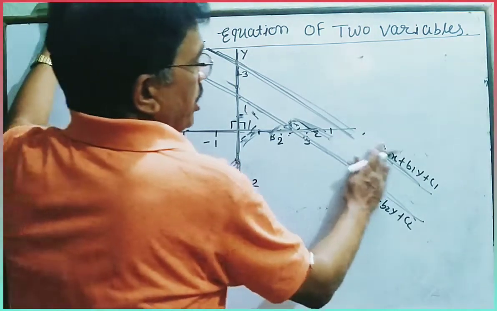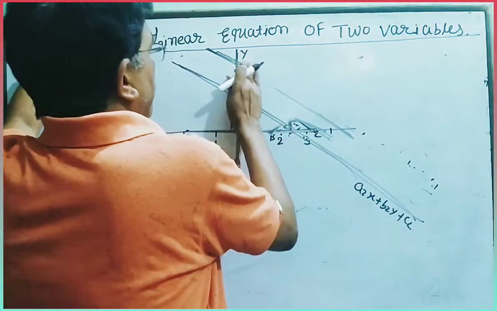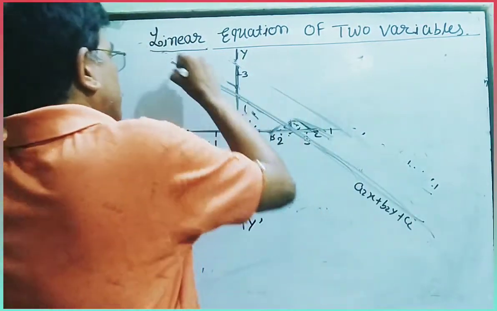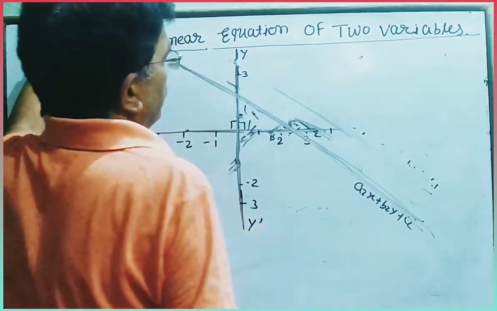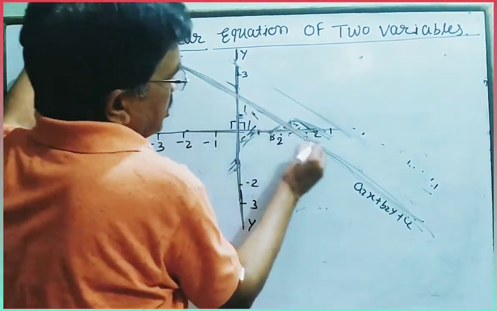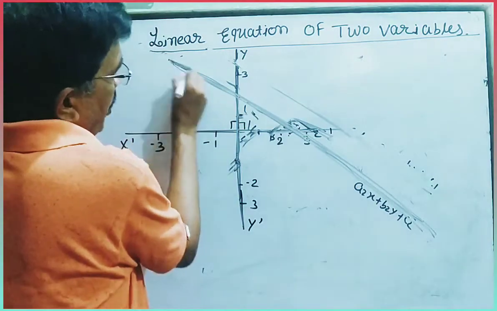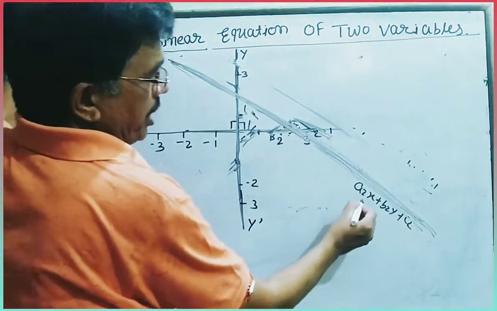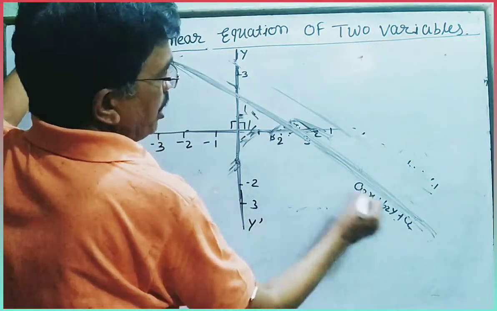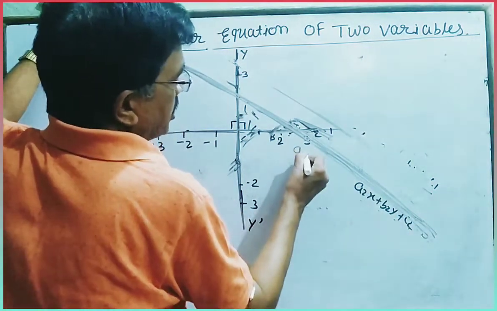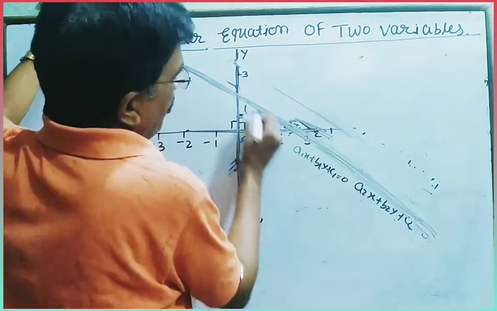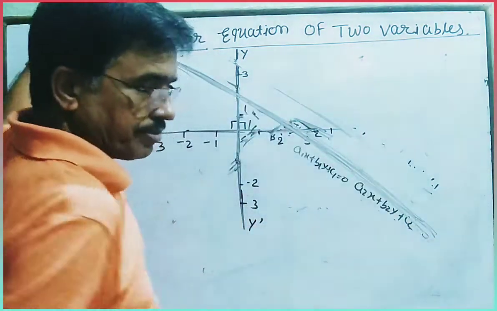There is a third type of graph you solve in this chapter. One graph is here, another is on this also. That means both lines are overlapped. One line is there and the other will also be on it. That a2x plus b2y plus c2 is here and also a1x plus b1y plus c1 is equal to 0. Both lie on the same line.